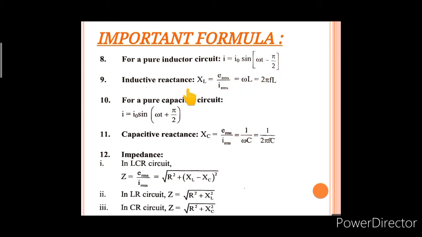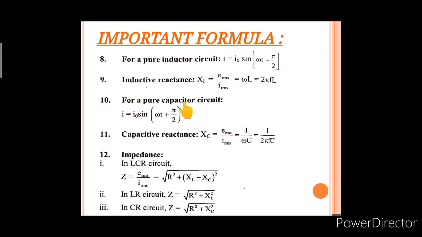Here we get the inductive reactance, denoted as XL, given by the formula E_RMS upon I_RMS, that is, the ratio of the RMS values of the EMF and current. Also the inductive reactance is omega L, which is equal to 2 pi f L, where f is the frequency of the AC supply.